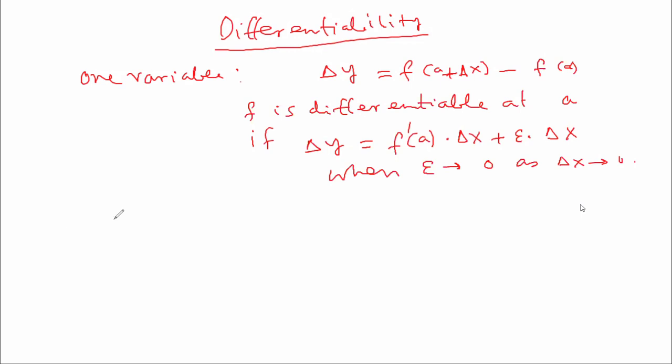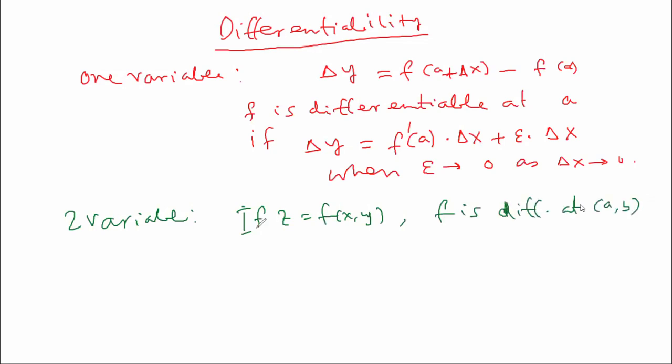In two variables, if g is a two variable function of x and y, and f is differentiable at the point (a, b), if delta z is fx delta x plus fy delta y plus epsilon 1 times delta x plus epsilon 2 times delta y.